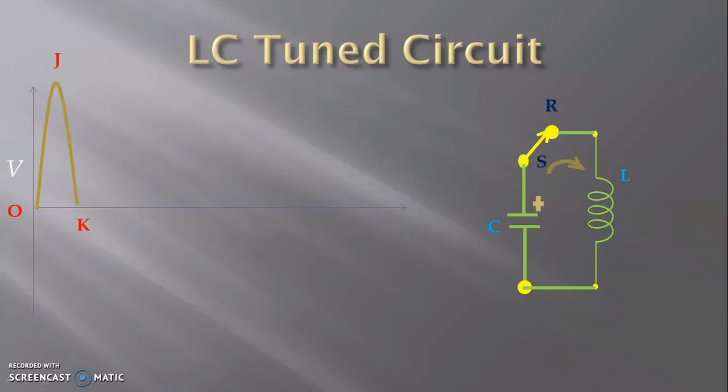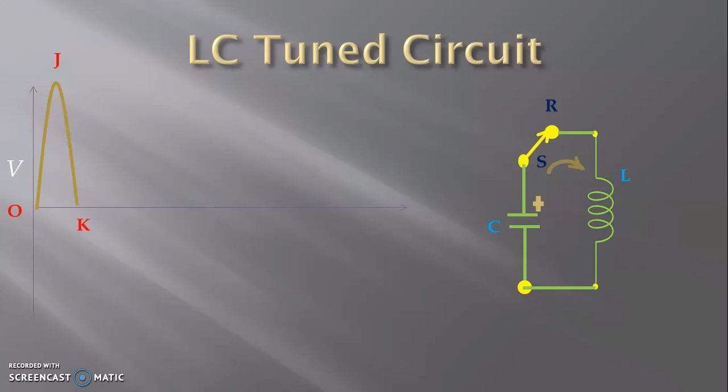When energy is transferred to the inductor, the capacitor has no energy at all. It is fully discharged. Energy is now stored in the inductor in electromagnetic form, and it is a property of the inductor to maintain the current in the same direction.